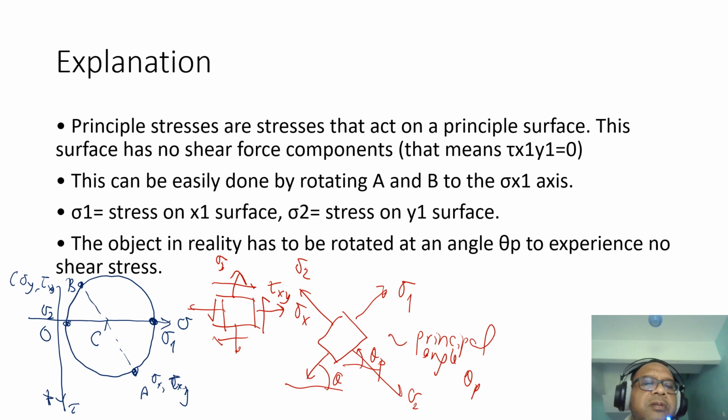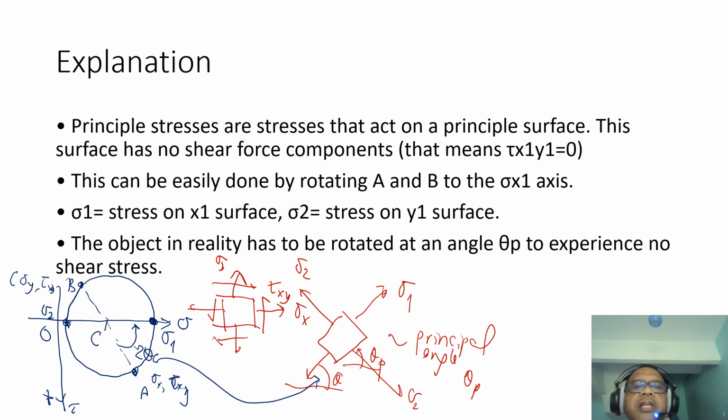In the Mohr circle, this angle is 2 theta, which corresponds to the angle theta here. On the Mohr circle it is twice that angle. So this is where your theta is, and this is where there is no shear stress. Shear stress is 0. Only the element here at surface A and surface B has sigma 1 and sigma 2.